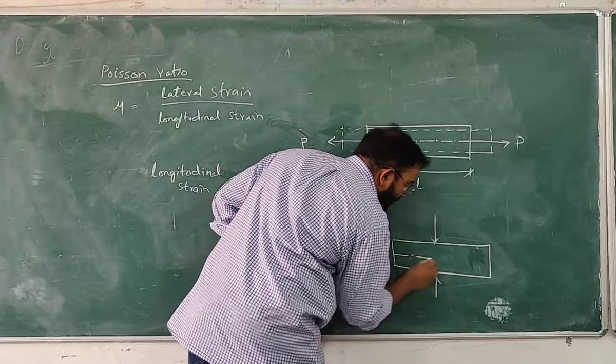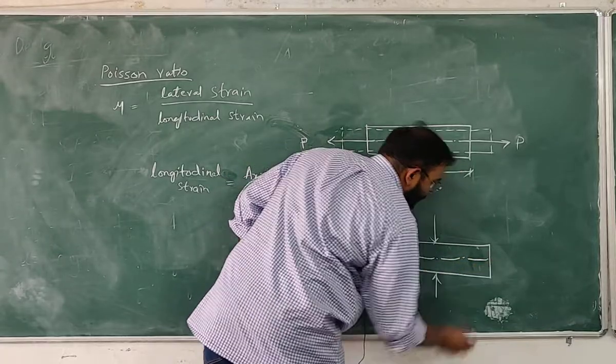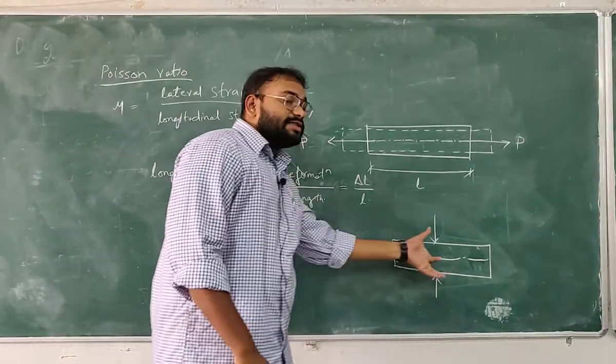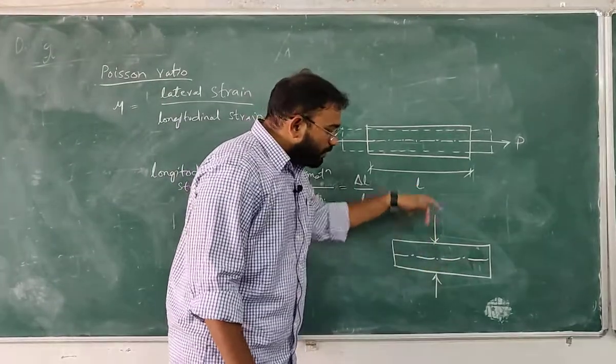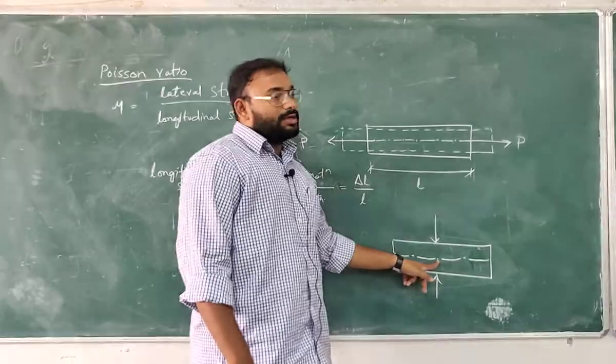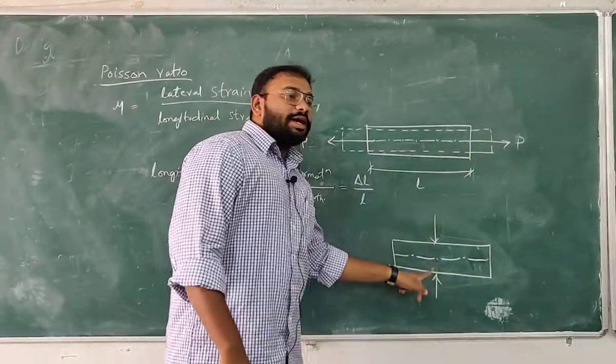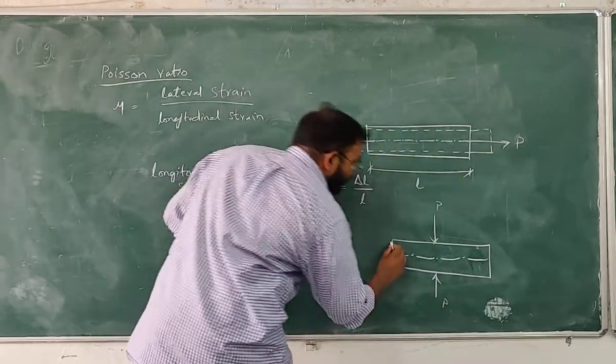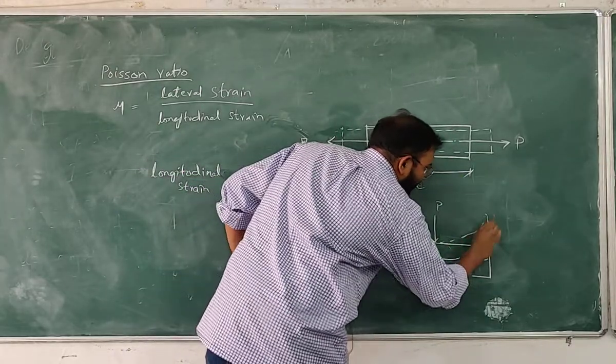Now this is the axis of your member. I am applying compression. Okay, it is a type of transverse load. Transverse load means load which is perpendicular to the axis of the member. It is parallel here. This is perpendicular load. So if I apply such type of loading, then the body will deform like this.